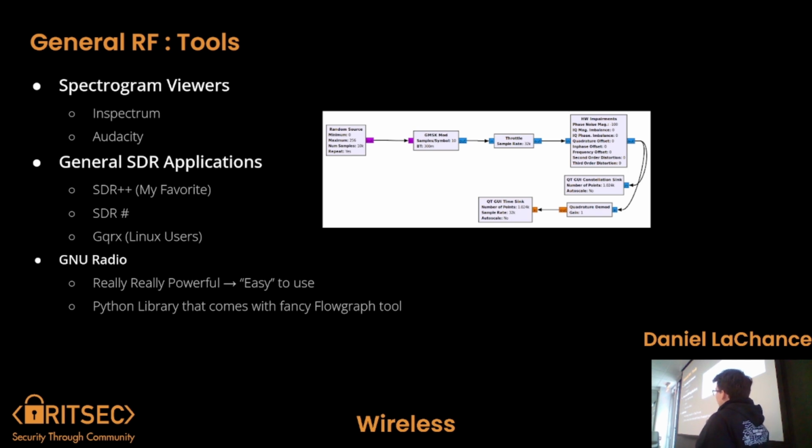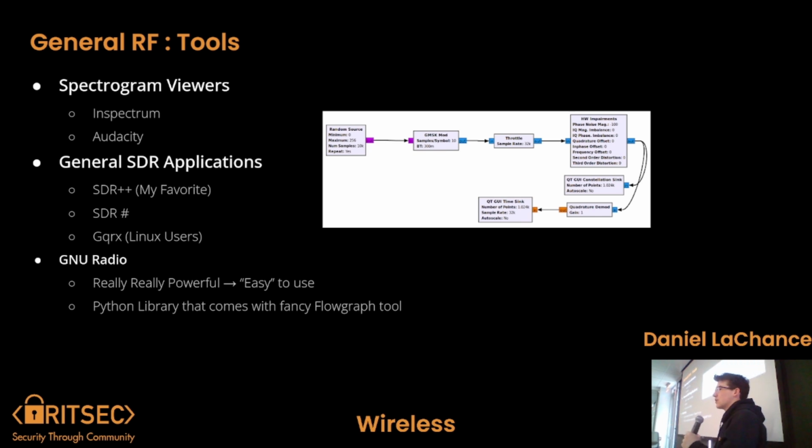Then general SDR applications: SDR++, my personal favorite. That's just a frequency analyzer that I'll talk about in a second. Same with SDR Sharp and GQRX. And then GNU Radio Companion, a very powerful, easy to use tool, and it looks like this.